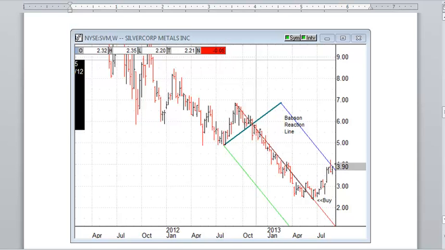It just so happened that around the summer, around June, I got a whole bunch of buy signals in the precious metal stocks. This is an example of one, and this one had been going down for the longest time, so it gave a buy signal down there.